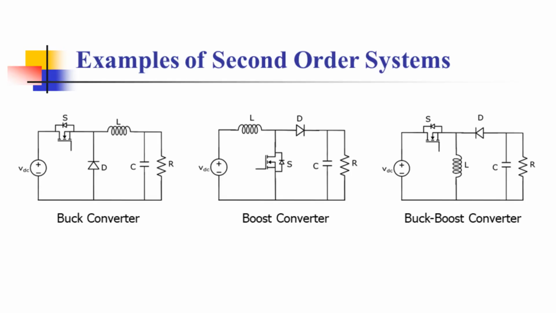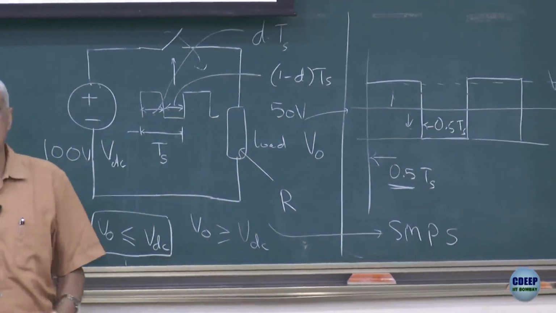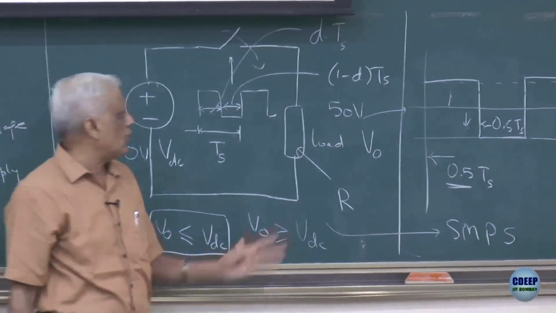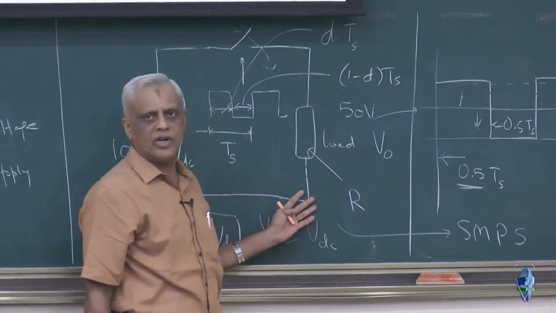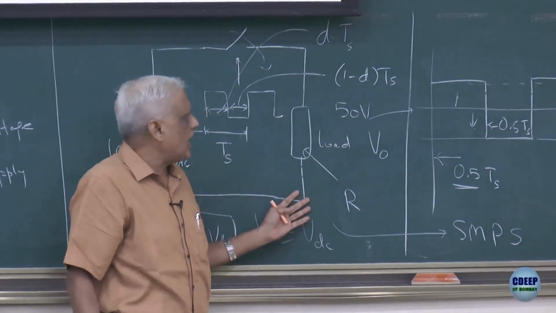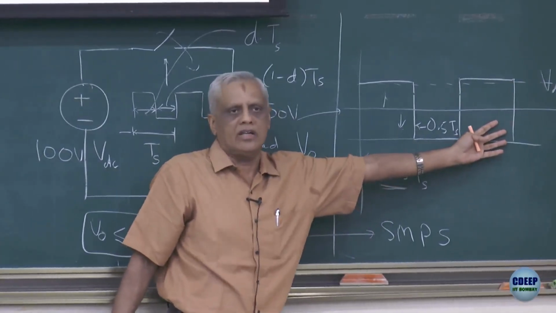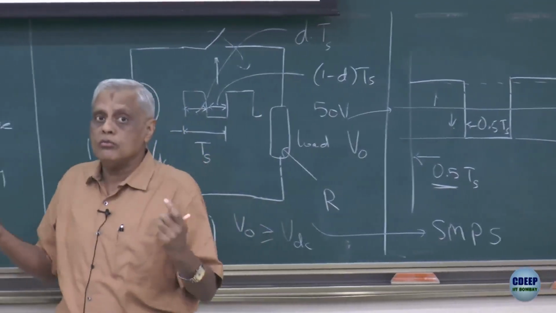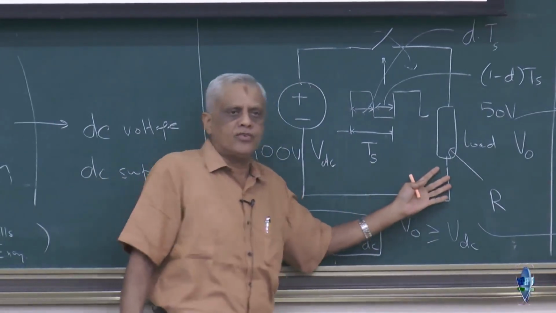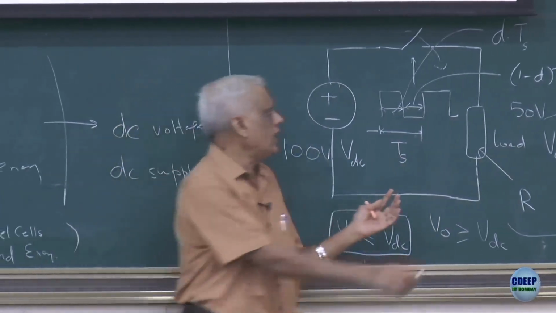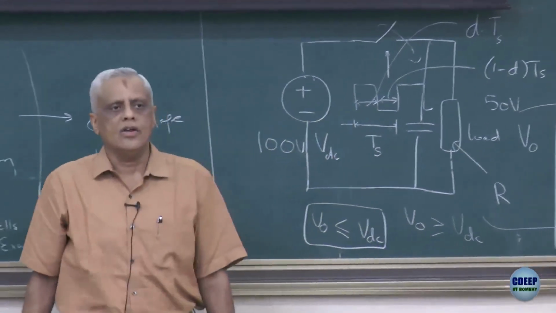Second order I say because usually these kinds of valleys, these kinds of dips are not going to be liked by a load, particularly if the load is sophisticated. It will not appreciate that the voltage applied to it at such a high rate is actually touching zero at many points. There are some crude loads for which this may be okay, but for sophisticated loads it is not allowed. So basically all I am saying is you need some sort of filter here as well.